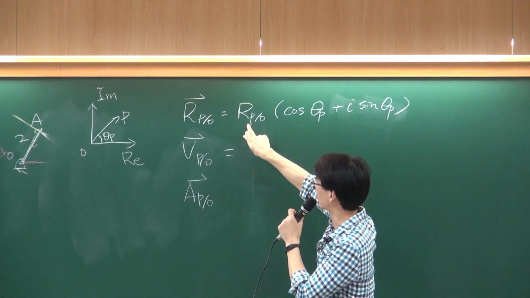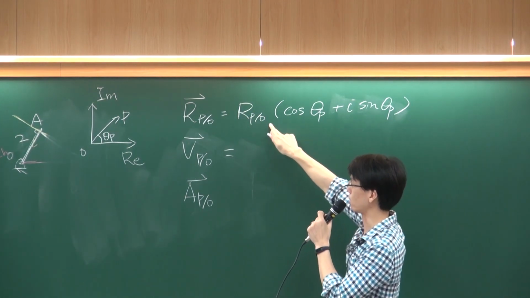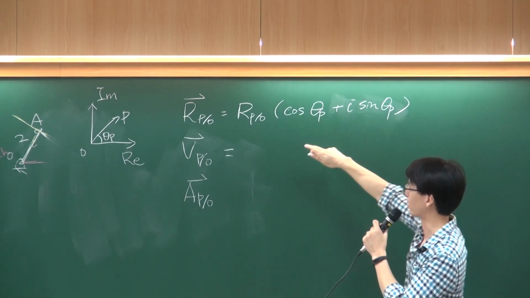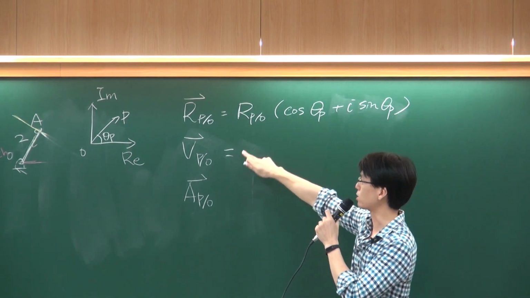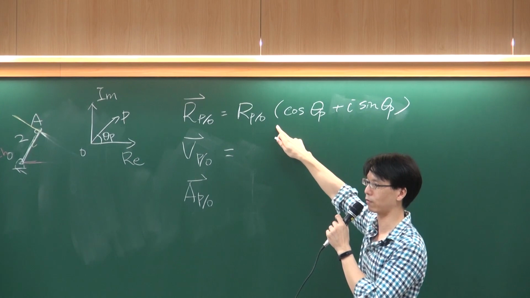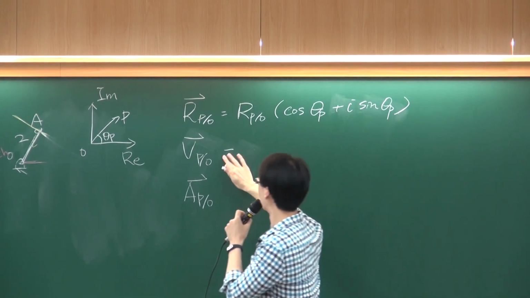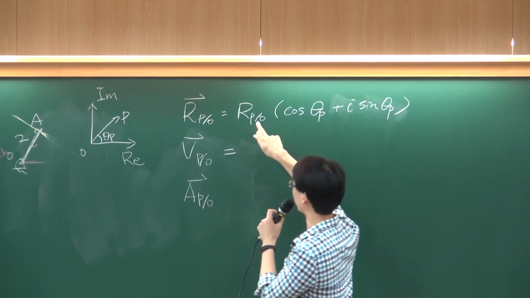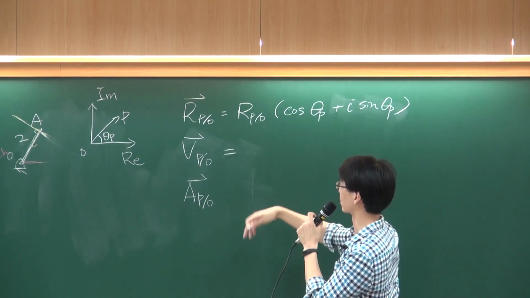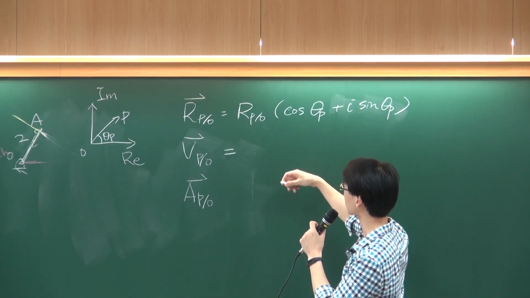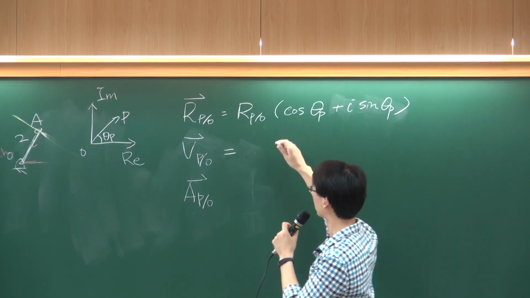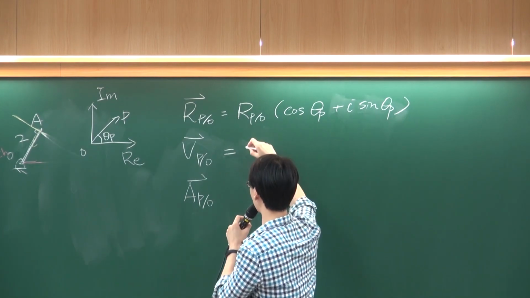So this one is displacement. If we know the displacement can be represented in this way, then what would be the velocity? Velocity is simply the time derivative of the displacement, right? So we can differentiate this one by time. So I'll just write down first.